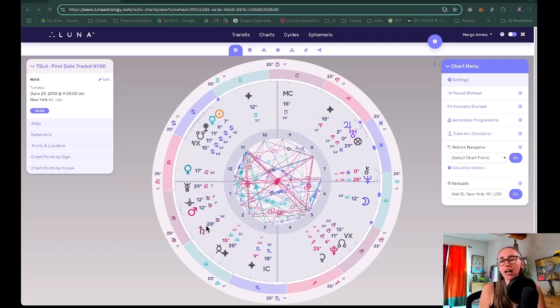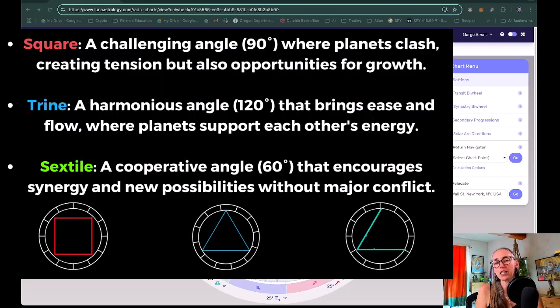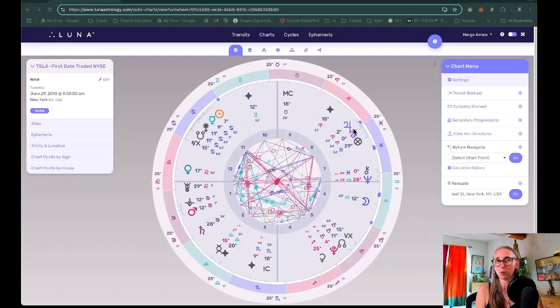So that's another aspect that we could look for when we're checking out the patterns that we're going to find associated with this on the technical analysis charts. Other key aspects and angles that you can look for include a square, a trine, and a sextile, and as you study astrology, you'll find that there are many more harmonic divisions of 360 that you can explore.